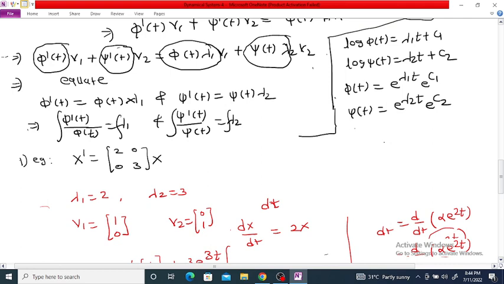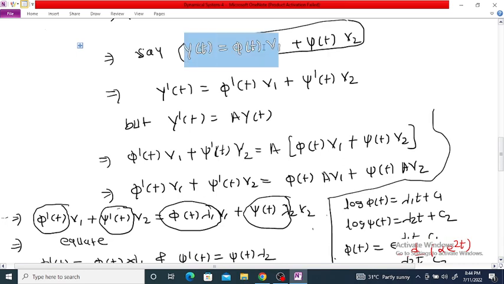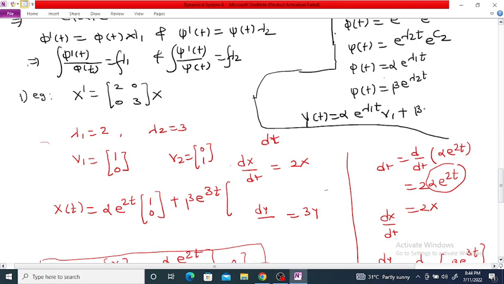We can write phi of t is equal to alpha e raised to lambda 1 t, and psi of t is equal to beta e raised to lambda 2 t. Therefore what is y of t? We again get the same solution here, y of t is equal to alpha e raised to lambda 1 t v1 plus beta e raised to lambda 2 t v2.